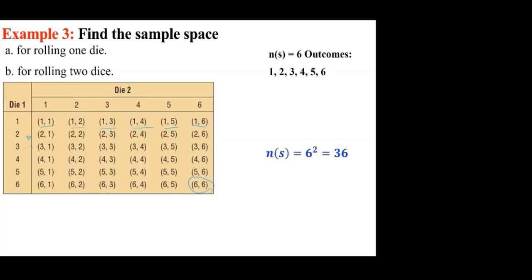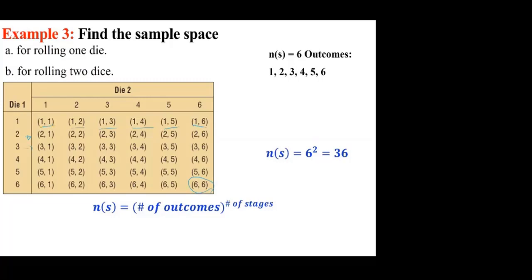And what I want you to pay attention to is the formula that I'm going to give you. It's not in the text. How do you find n of S, or sometimes they call it just S, the size of the sample space? That would be the number of outcomes per stage. What do we mean by that? You toss a coin, there are 2 outcomes.